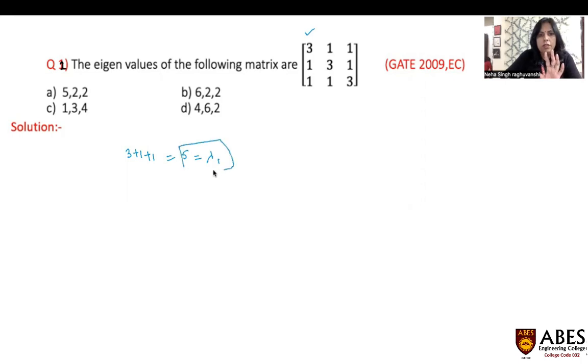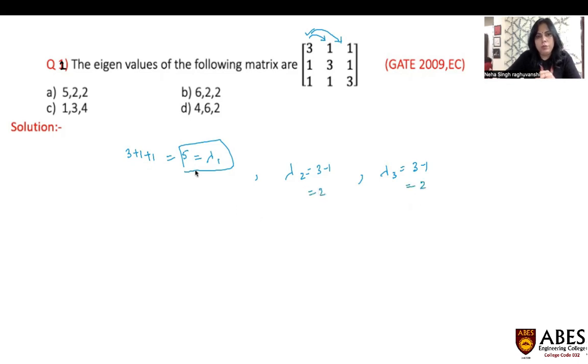So this is one eigenvalue. What about the second and third eigenvalues? For the second and third eigenvalues, we can subtract 1 from 3, and again 1 from 3. That means lambda 2 would be 3 minus 1 and lambda 3 would be 3 minus 1, that is 2 and 2.